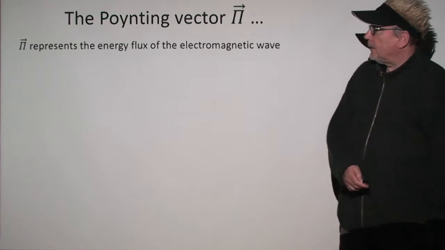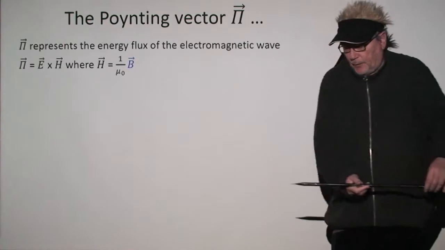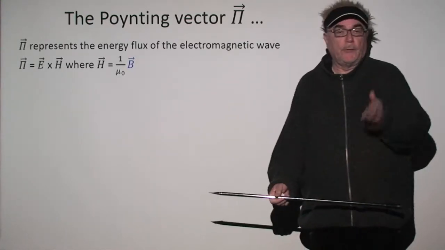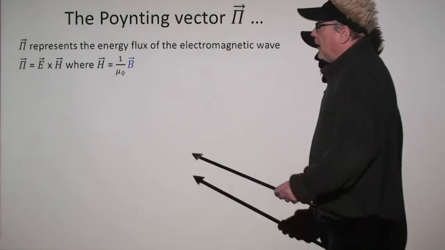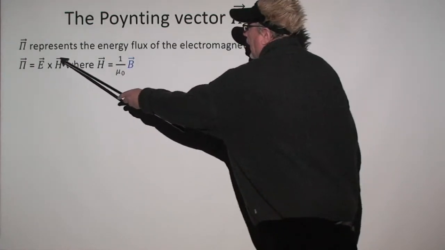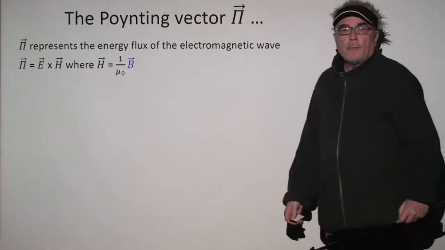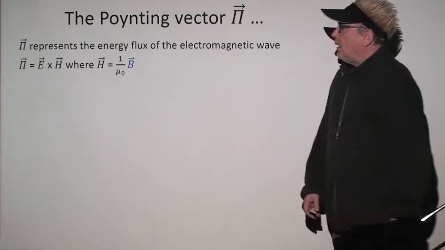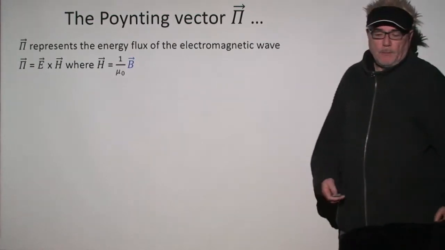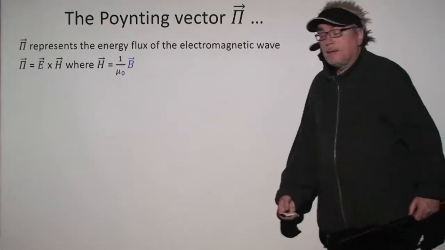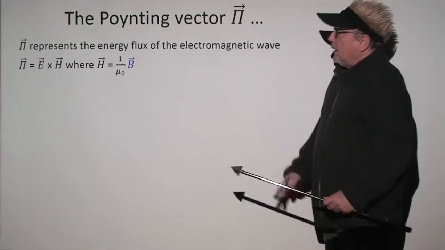And so what Poynting shows is that Pi is a cross product, because obviously it's orthogonal to both the electric field and the magnetic field. Except he uses H, which is similar to what we've called so far the magnetic field B. Actually, H is called the magnetic field strength, and B is the magnetic flux density.